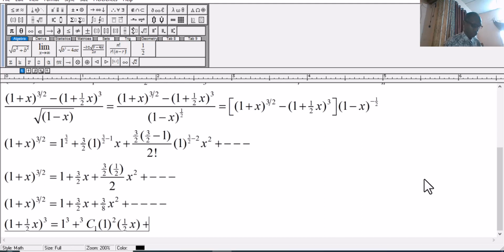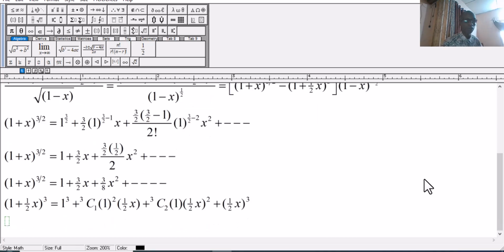And the next one will be 3 combination 2, then 1, then 1 over 2 x squared. And the last one will be 1 over 2 x all to the power of 3. Don't worry, I'm going to ignore that in our workings. Anything raised to the power of 3 we can neglect. So just follow along as I expand.